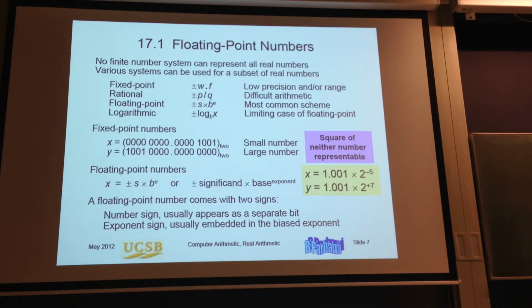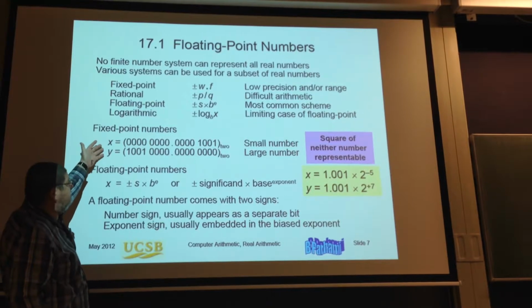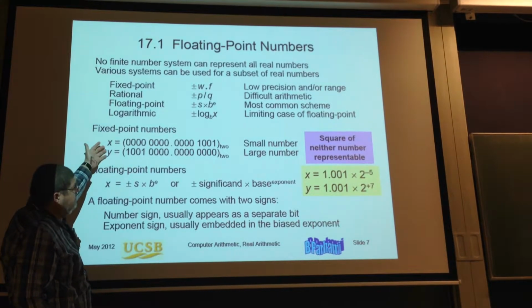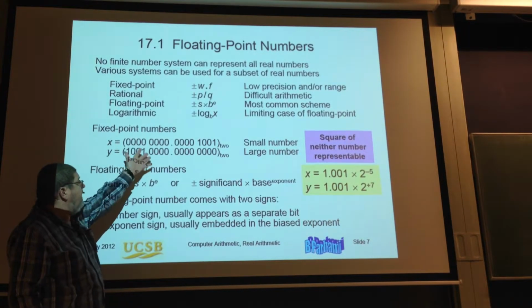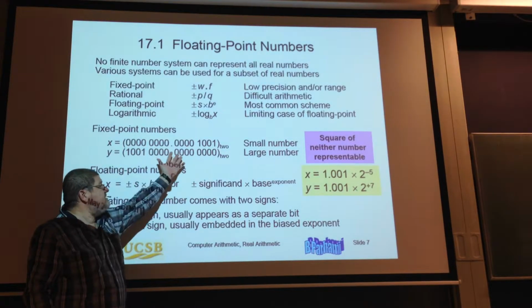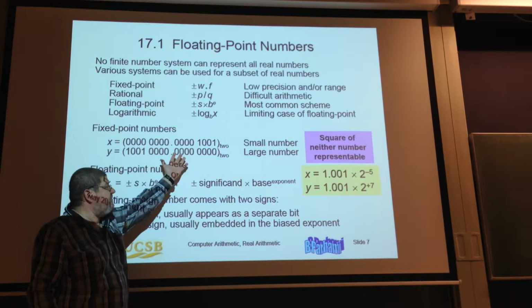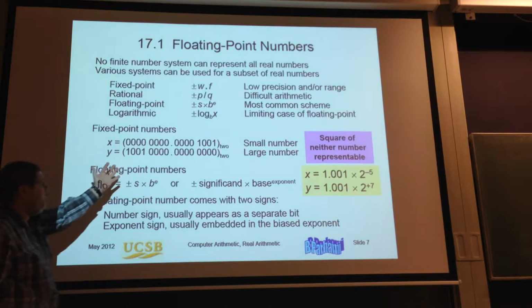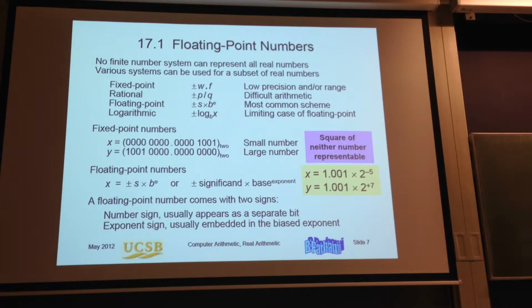Let's say I have fixed point numbers, and I am allocating the same amount of bits for integer and for fractional parts. I have a problem with that, because sometimes I need more bits on the integer part, sometimes I need more bits on the fractional part.